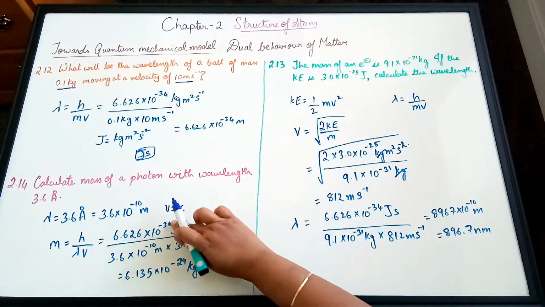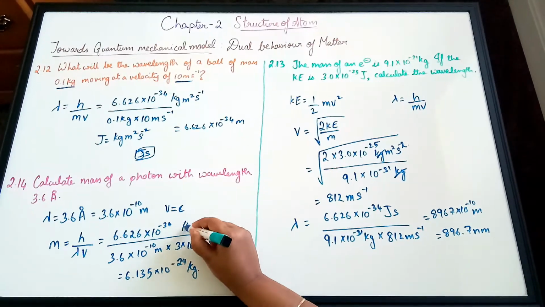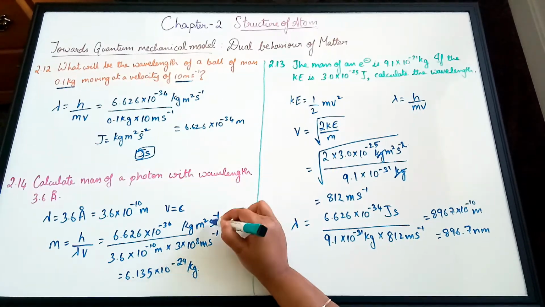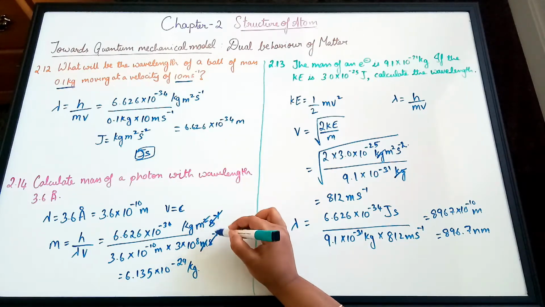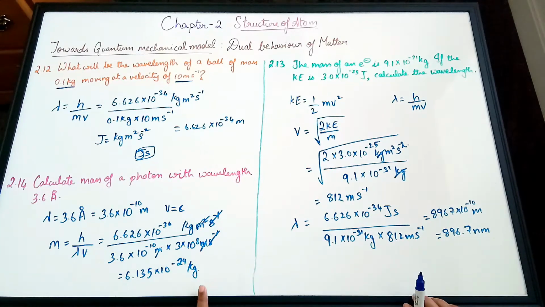Let me write it in kilogram meter square second to the power minus 1. So second to the power minus 1 will get cancelled. Meter will get cancelled, meter will get cancelled, leaving us with kilograms behind.